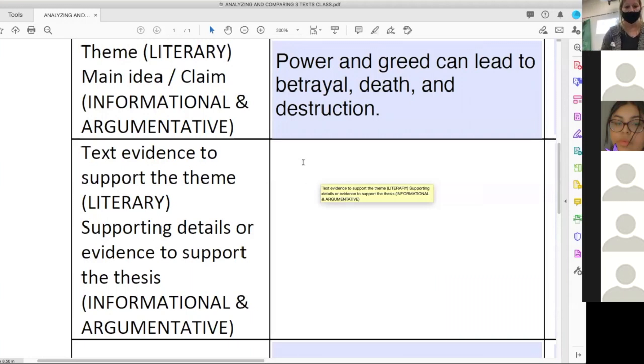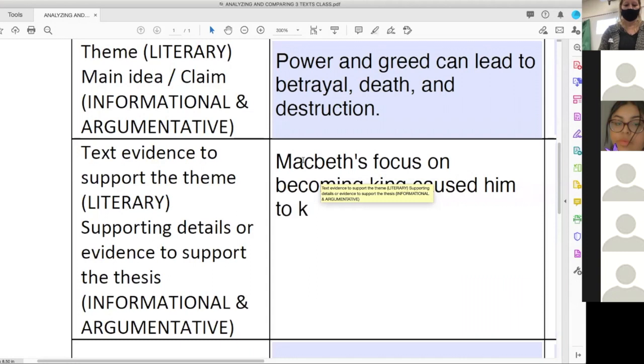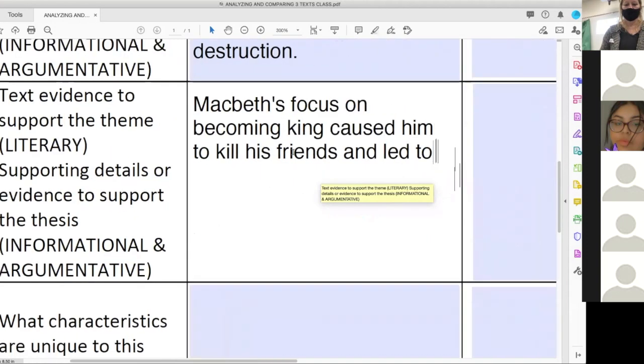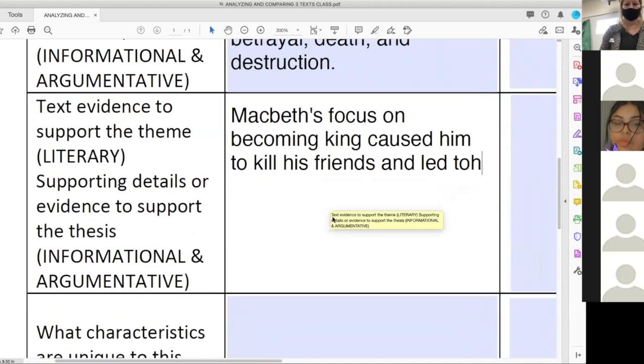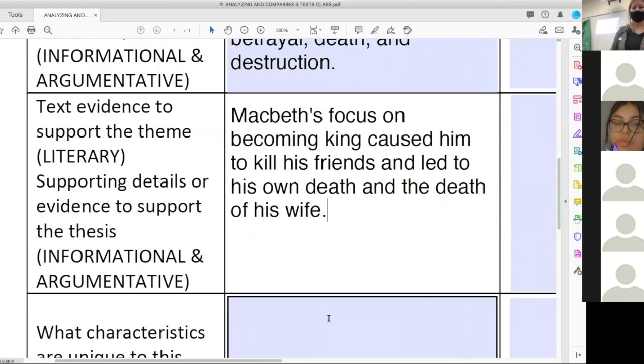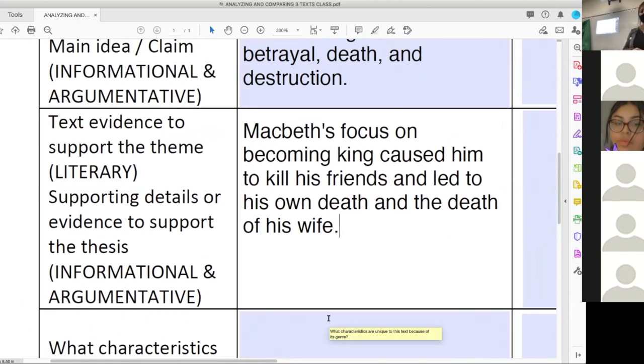So we're not going to do that for our purposes here, but we're going to say for our evidence, his focus on becoming king caused him to kill his friends, and it led to his own death and the death of his wife.